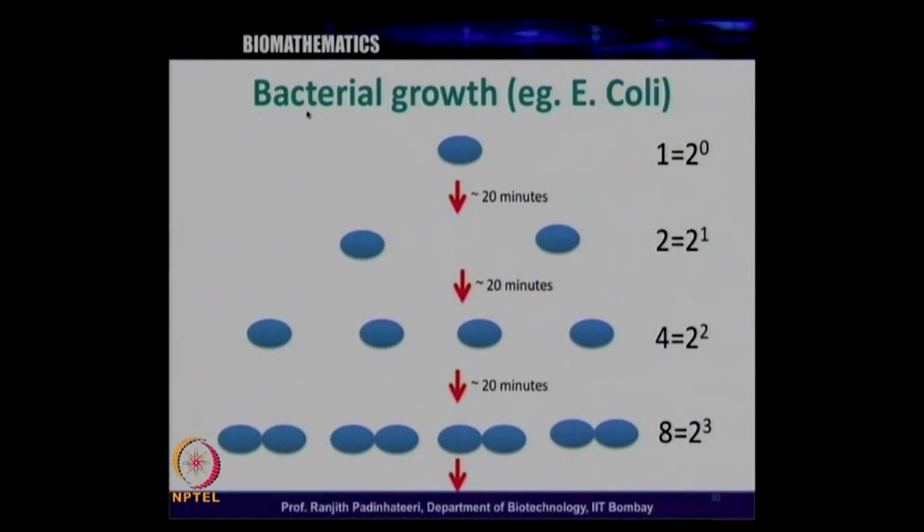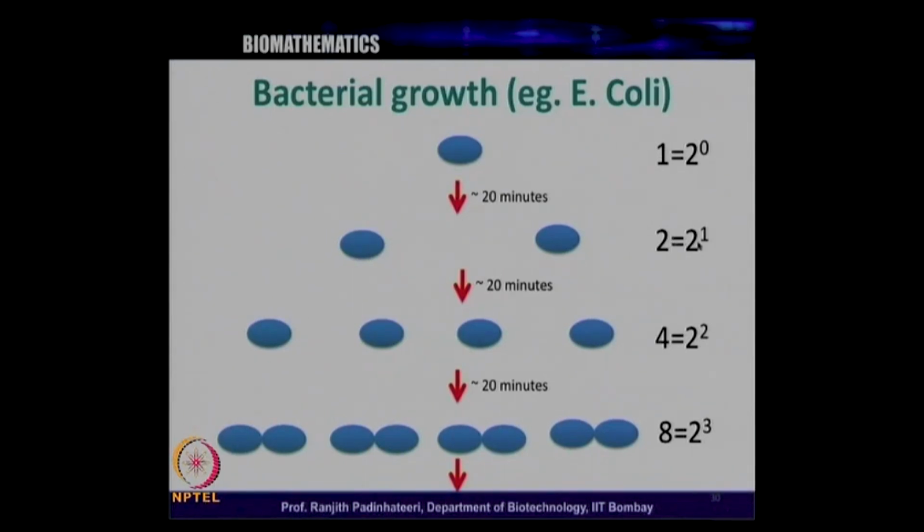So, what happens in bacterial growth? For example, let us discuss the example of E. coli here. Let us say you start with one cell of bacteria. So, you have number of bacteria 1 here. In about 20 minutes, they divide into 2 cells.